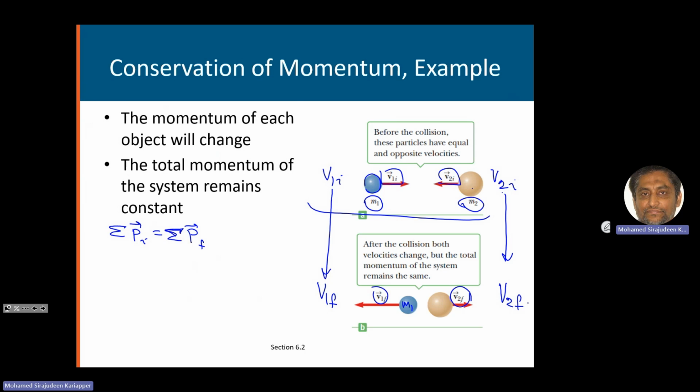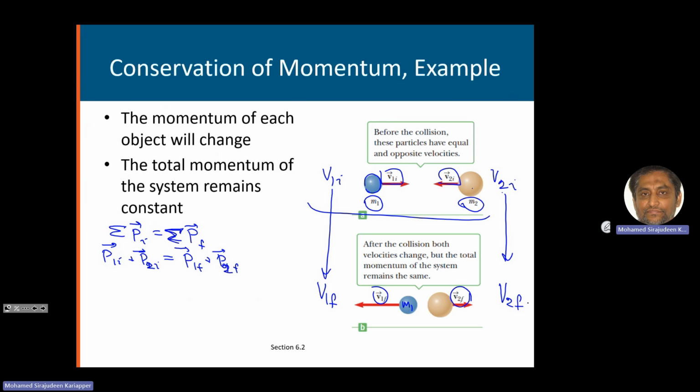You know what this means? You are adding the momentum, the sum of the momentum before. So in other words, if you have two objects, P1 initial plus P2 initial, add them, equal to P1 final plus P2 final. So this is the conservation of momentum.